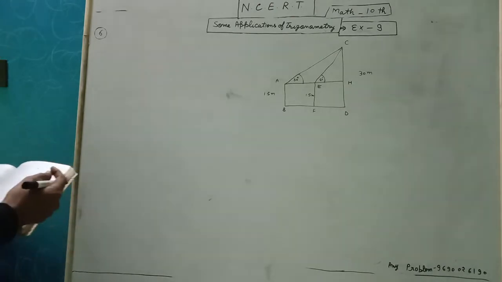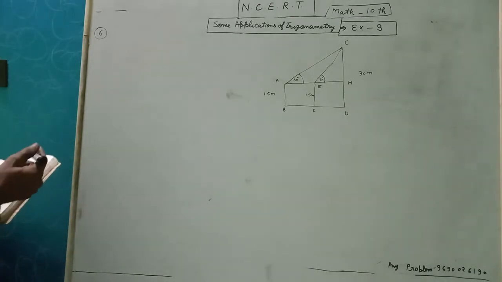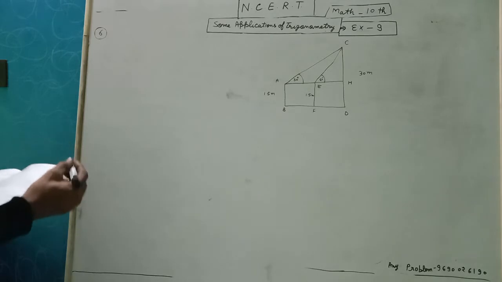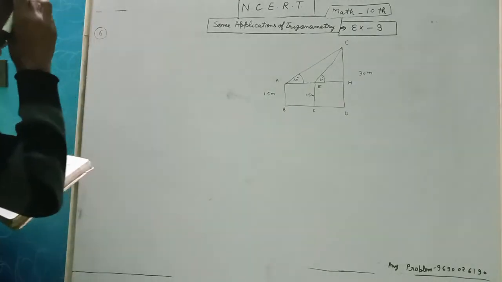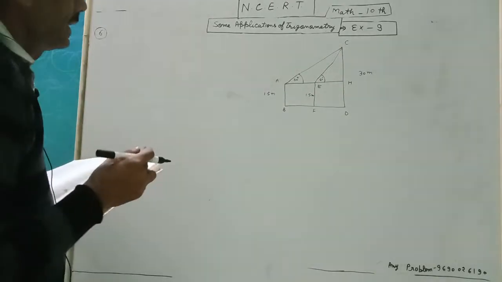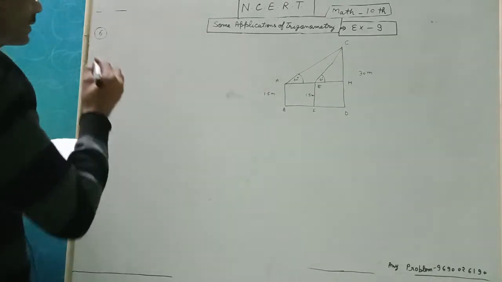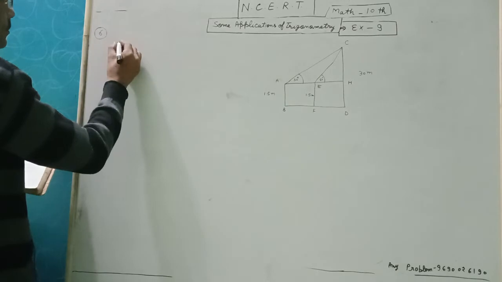We find the distance the boy walked toward the building, that is, AE.